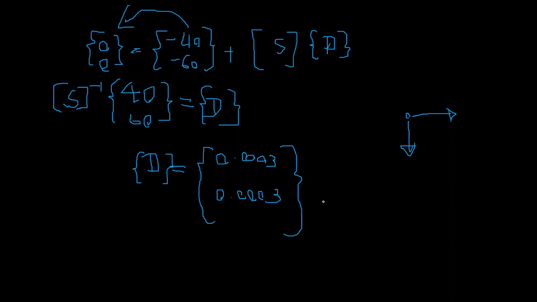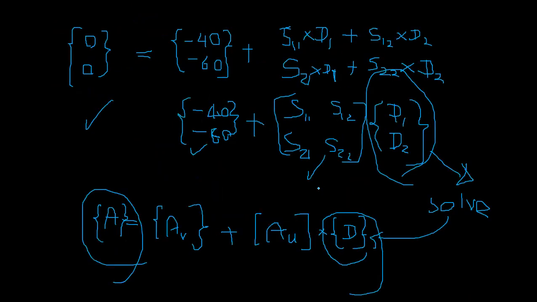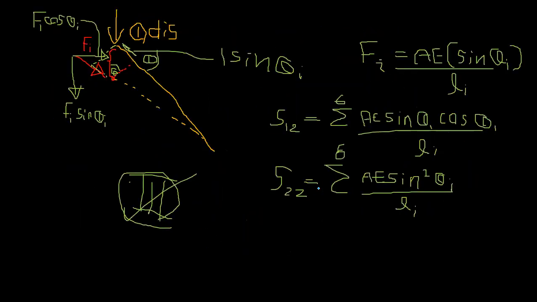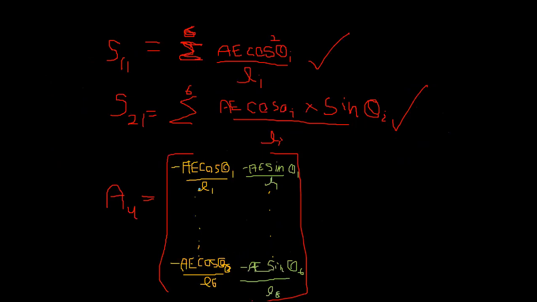So once you find displacements, you can determine the forces, because in the action matrix, you know AE, so you have to determine now cos theta i over Li. So these forces you can determine.